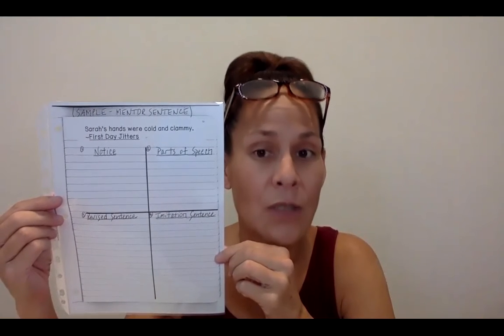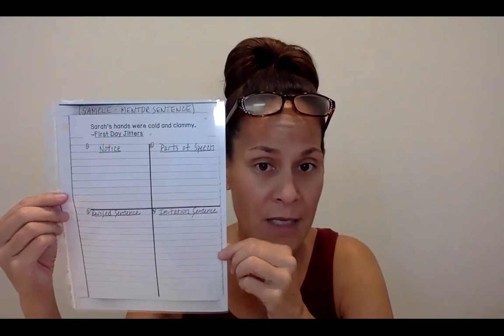Now, you will notice on this page that the sentence being studied is written up at the top. You will notice that the book or the mentor text that it came from is written below. Please notice that that mentor text is all capitalized and underlined.